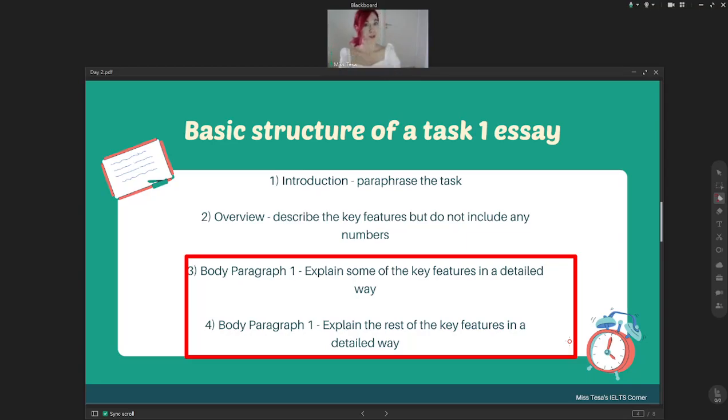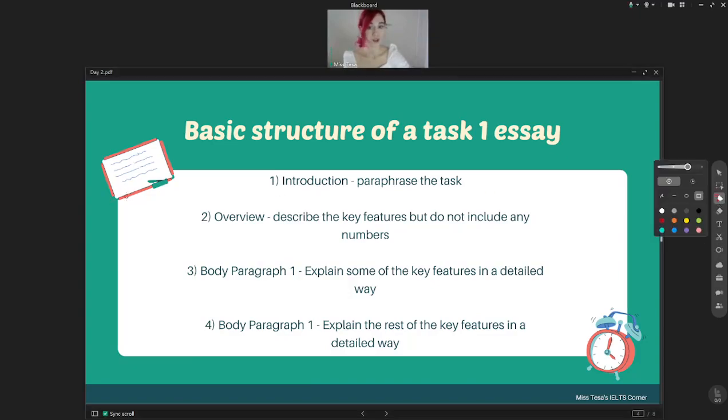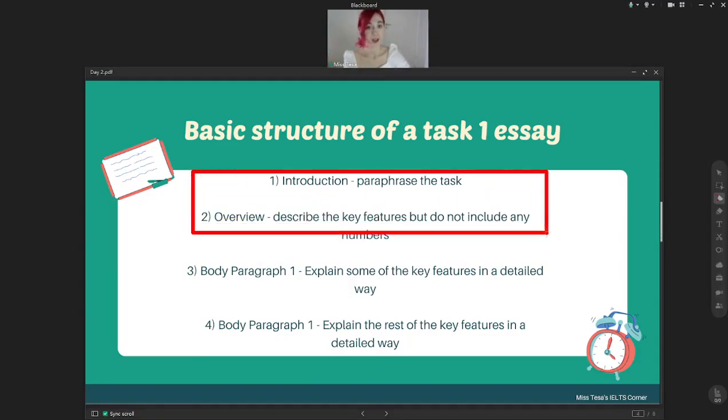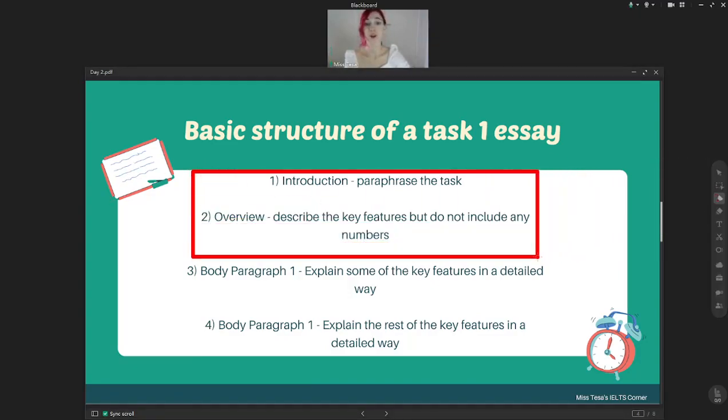Body paragraphs are also a great place to make a lot of comparisons. And you're going to have 2 body paragraphs. Now, for today's class, I'm going to teach you how to write an introduction and an overview. So that's what we are doing today.